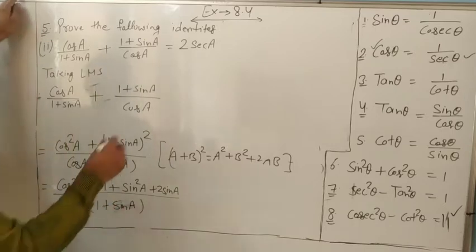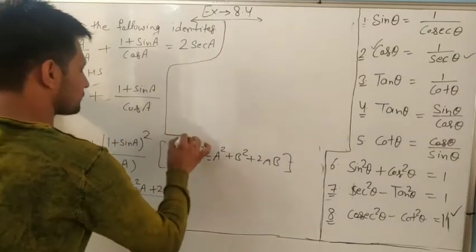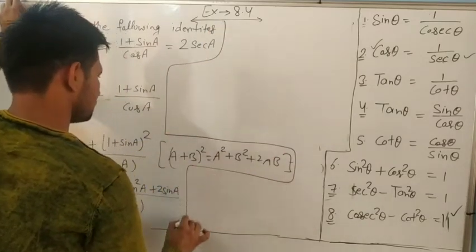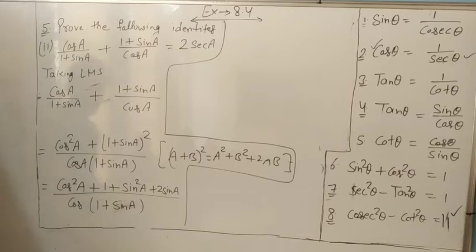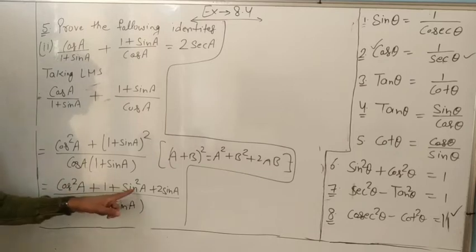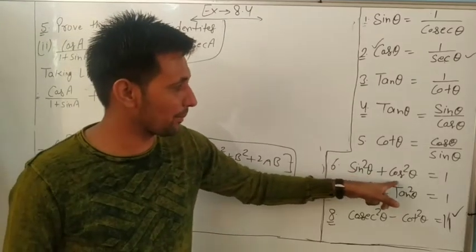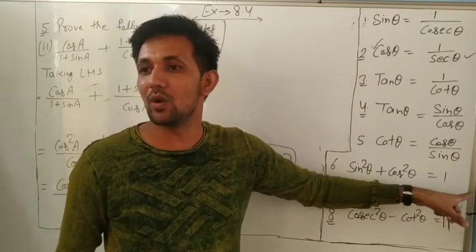Only step by step. Look now: cos square A plus sin square A, how much? Sin square theta plus cos square theta is always 1.